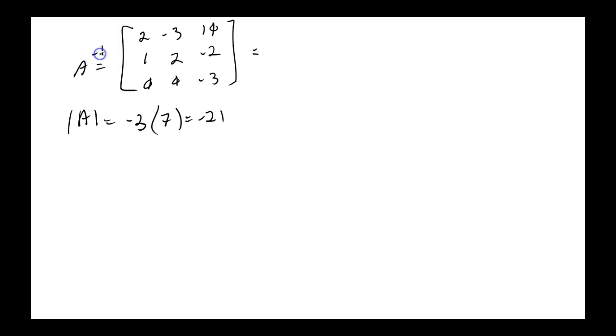Negative 1/2 row 1, add it to row 2, and that's going to become the new row 2. I'm going to leave 0, 0, negative 3 alone. And since I'm using row 1, I'm going to leave it alone: 2, negative 3, 10. So negative 1/2 of 2 is minus 1 plus 1 is 0. That's what I was after.